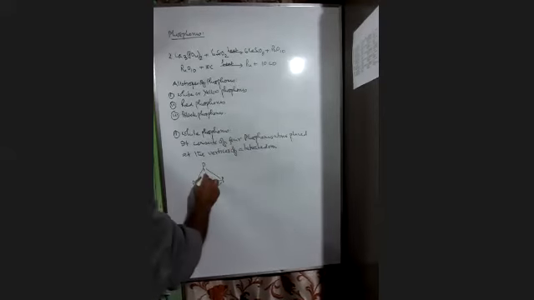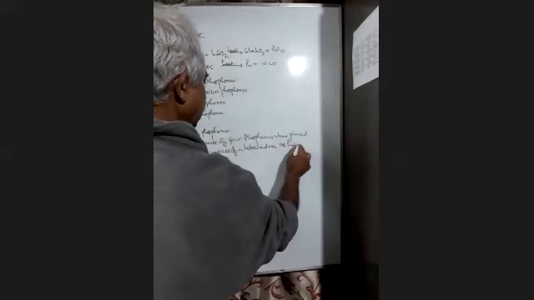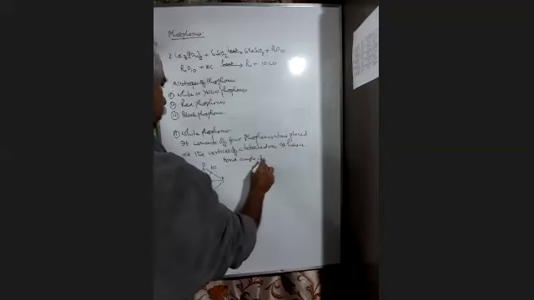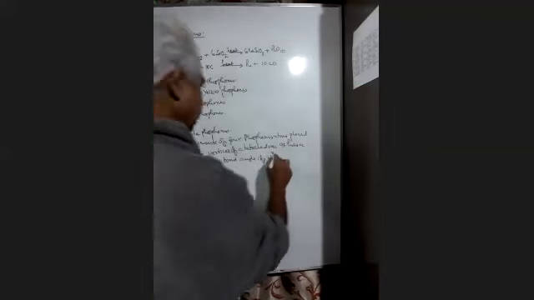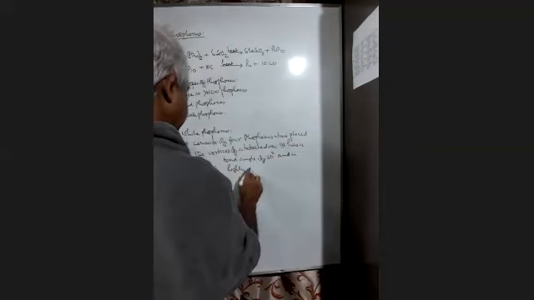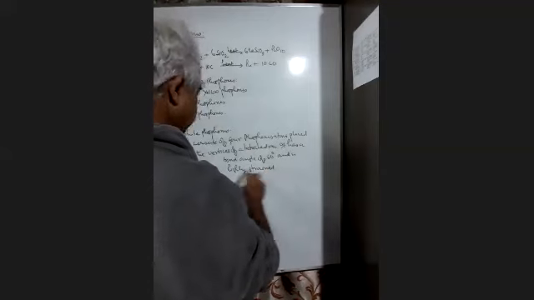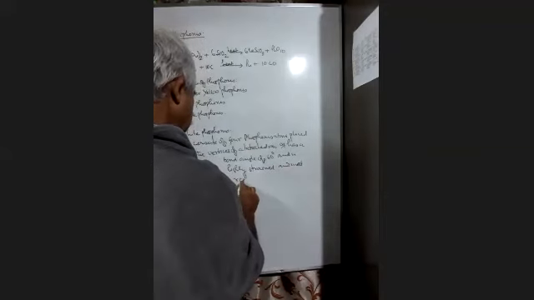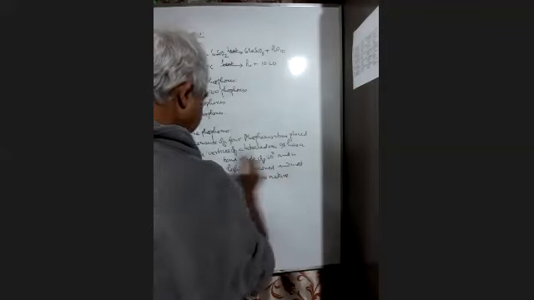See here, the bond angle is 60 degrees. A 60-degree bond angle is highly strained and most reactive in nature.